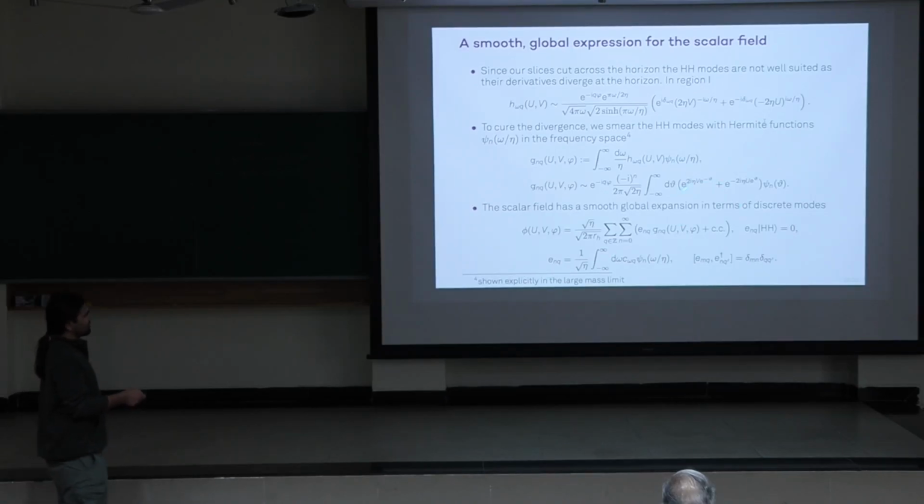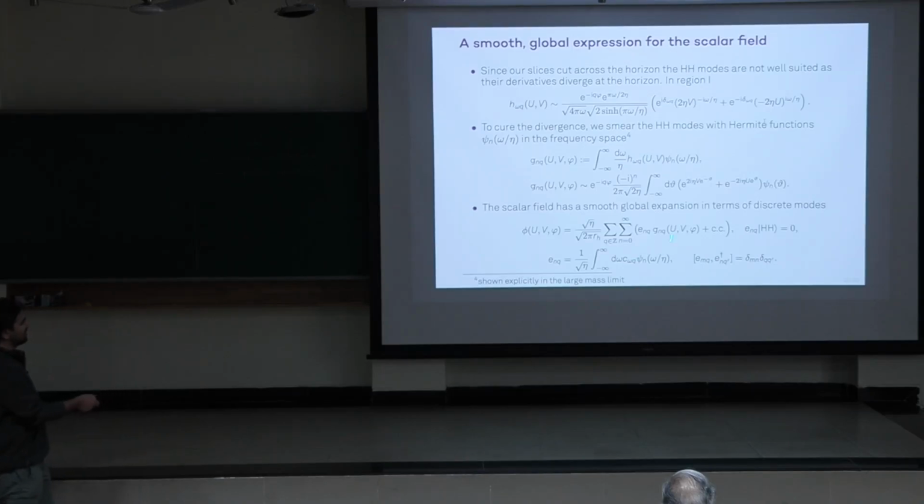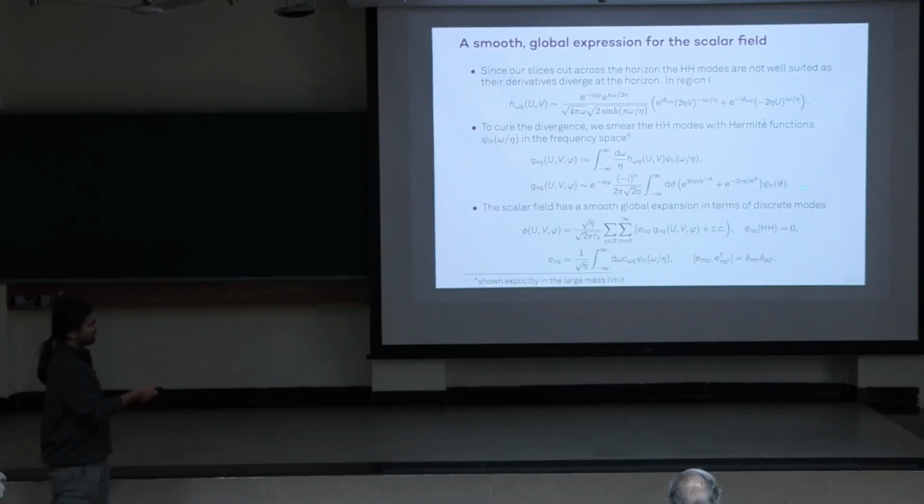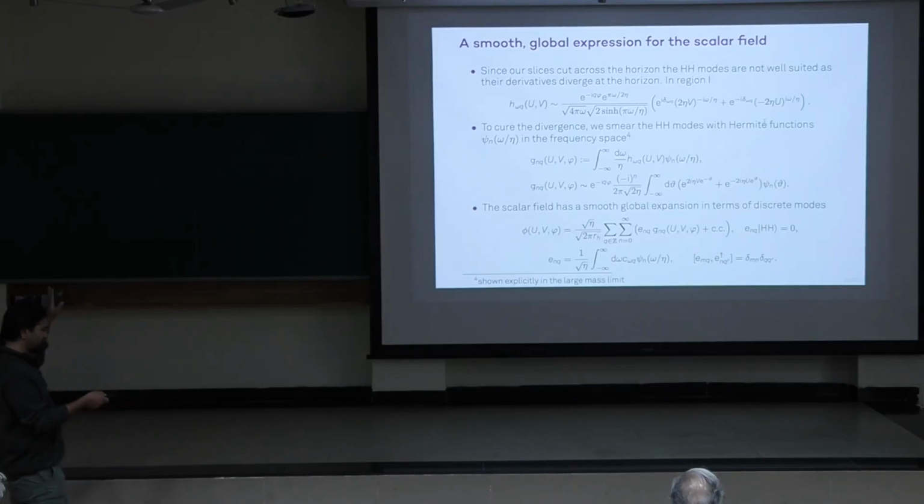Now these modes near the horizon, by the way, this expression was close to the horizon. This expression again is close to the horizon, but of these new modes. Let's say you take a derivative with respect to u, for example. It brings down this e to the i theta, but the Hermite function has an e to the minus theta squared.